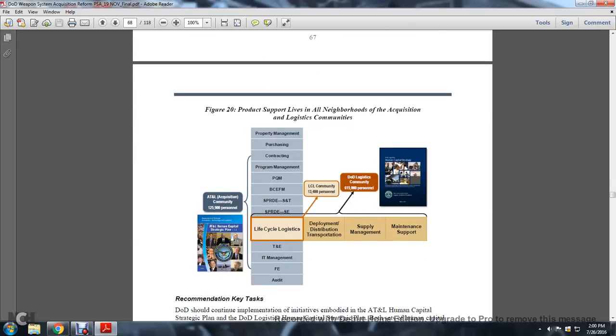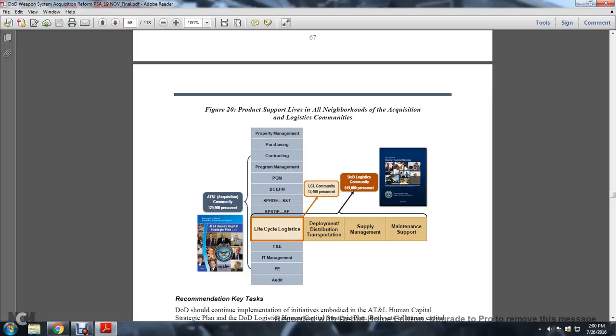Figure 20 shows the product support life cycle logistics neighborhood within the acquisition and logistics communities. The acquisition, technology, and logistics community of 125,900 personnel includes property management, purchasing, contracting, programming, PQM, and the life cycle logistics, which branches off into another bar with T and E. Continuing with the acquisition community: T and E, IT management, and audit.